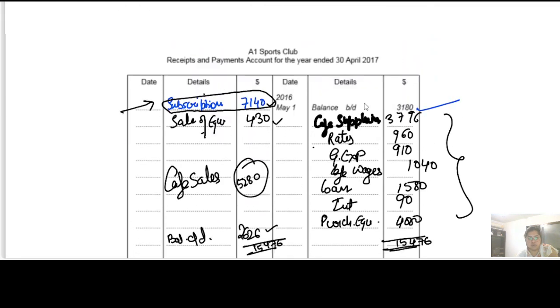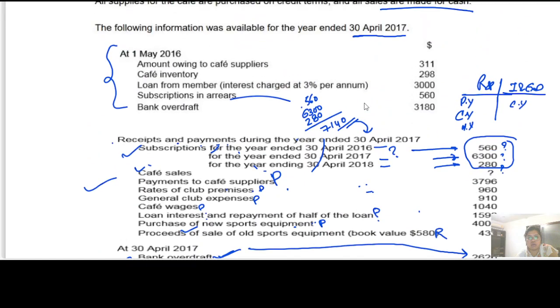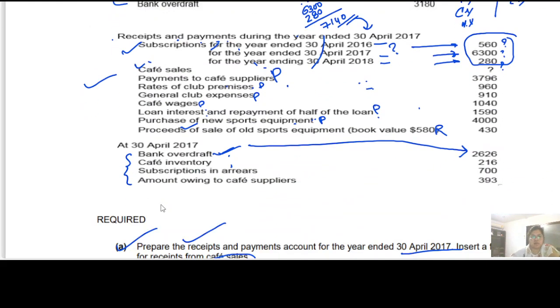Yes, 5280. After that we need to know opening stock and closing stock. Where are they given to you? Cafe inventory, opening and cafe inventory, closing. So these two values we know.